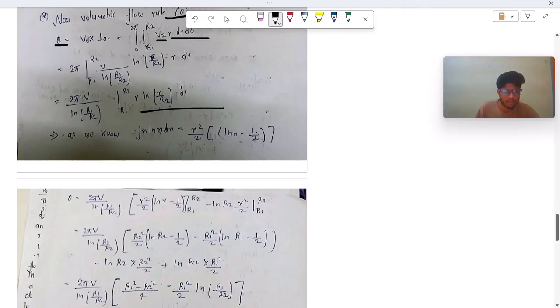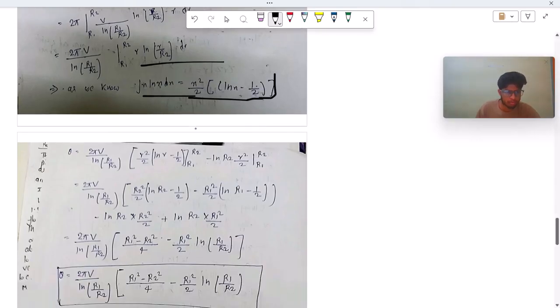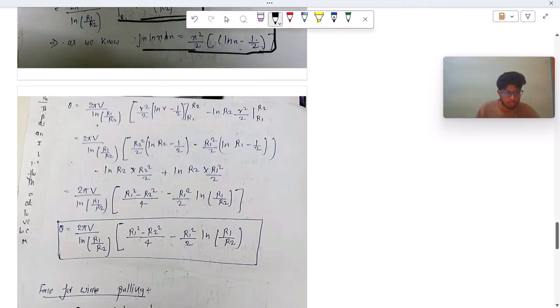As we know, the integration of x ln x dx is equal to x square by 2 into ln x minus 1 by 2. After solving this integration and putting in the values, you can see that we get a long term, and here this term is cancelled with this term.